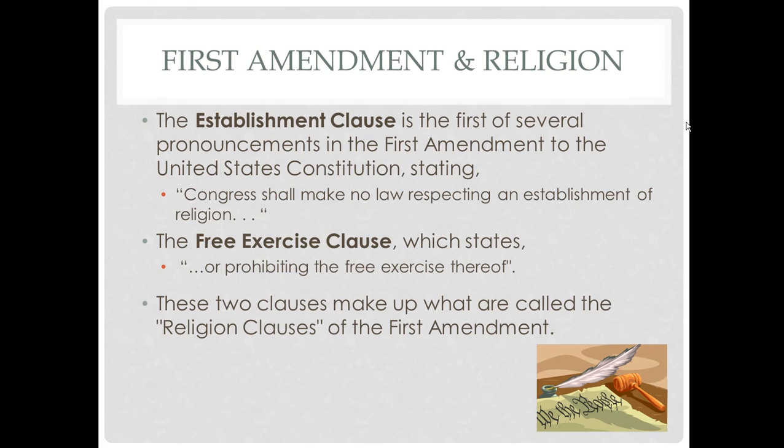So there's the Establishment Clause, and that's the first of several pronouncements in the First Amendment, and it's Congress shall make no law respecting an establishment of religion. Okay, so that's considered the first half of the religious clause, and that's the Establishment Clause. Then there's the Free Exercise Clause, and that's, of course, continuing it on, or prohibiting the free exercise thereof.